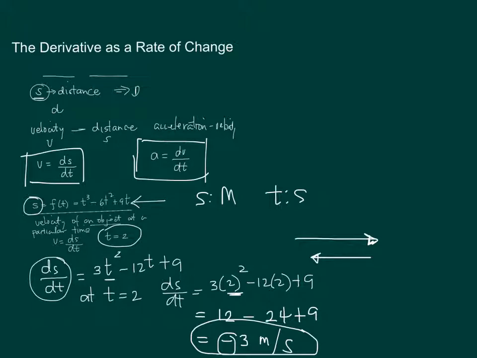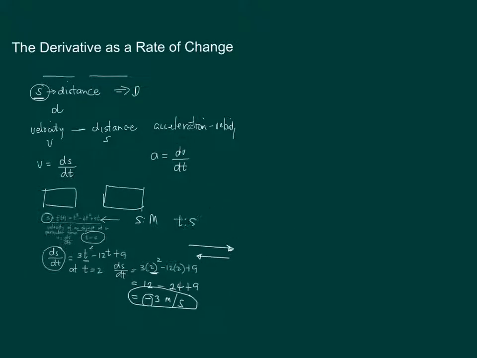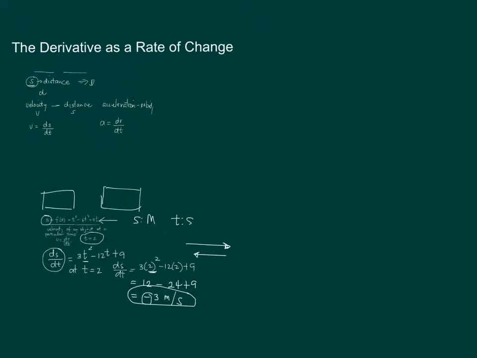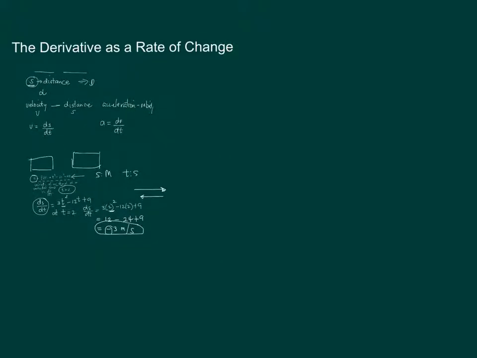Now let's take a follow-up question using the same function. Suppose we want to find when the object will be at rest. At rest, in a distance, velocity, acceleration question, means the object is not moving.